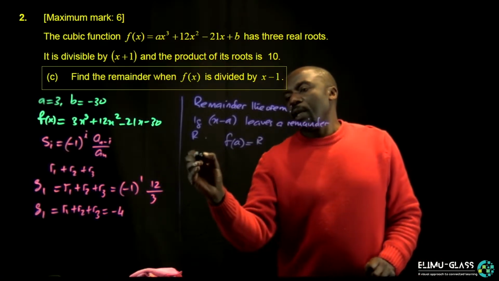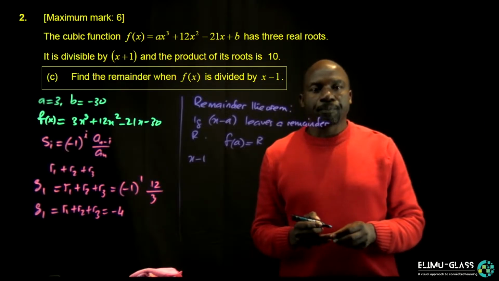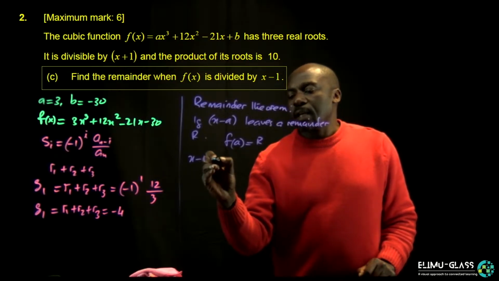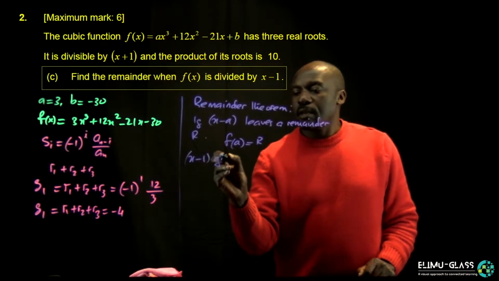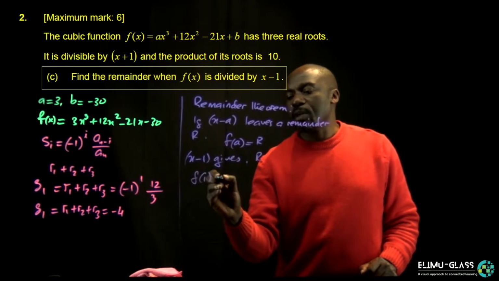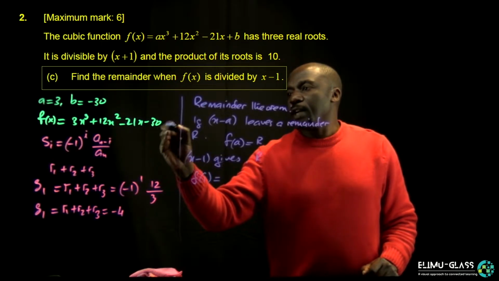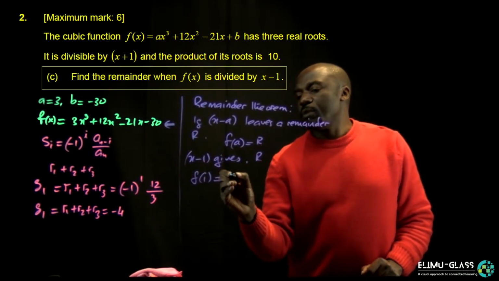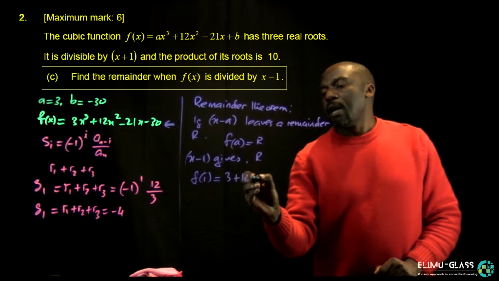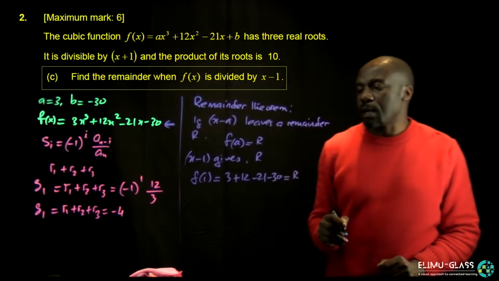So therefore, if we are dividing by x minus 1 and we get a remainder, and the remainder is r, then we are saying f of 1 must be r. Well, f of 1 from there, we are now substituting into this function here. So f of 1 gives me 3 into 1 plus 12 minus 21 minus 30, and this has to be equal to r.